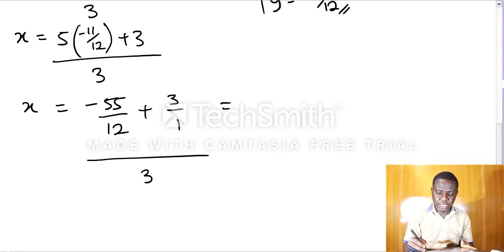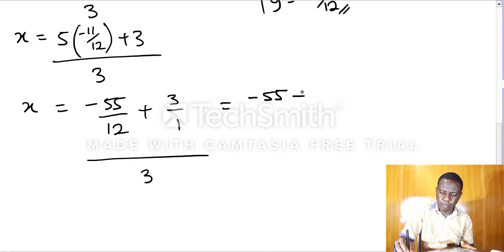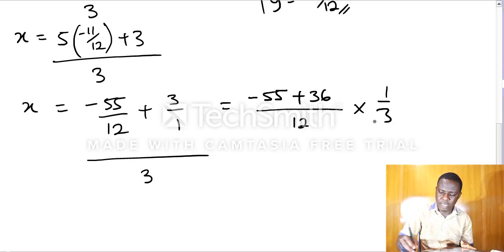So when you simplify this, you are going to have minus 55 plus 36 divided by 12, times 1 over 3, because this is still divided by 3.